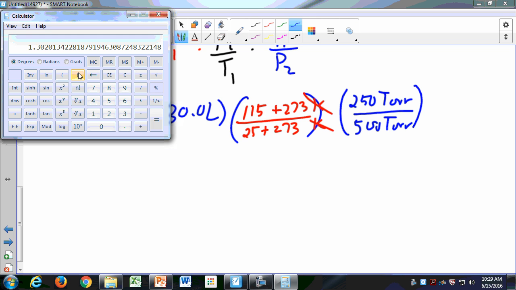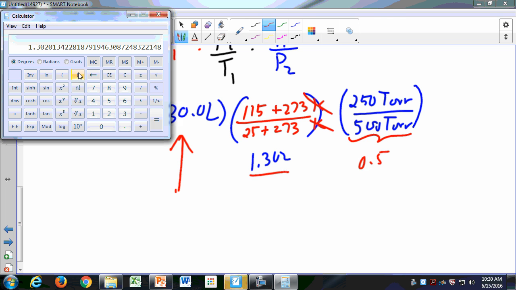That ratio is 1.302. You can see I'm multiplying my original volume by 1.3. What's the effect of raising the temperature? To make the volume increase, right? So that makes sense. And then this is, of course, 250 divided by 500, which is 0.5.